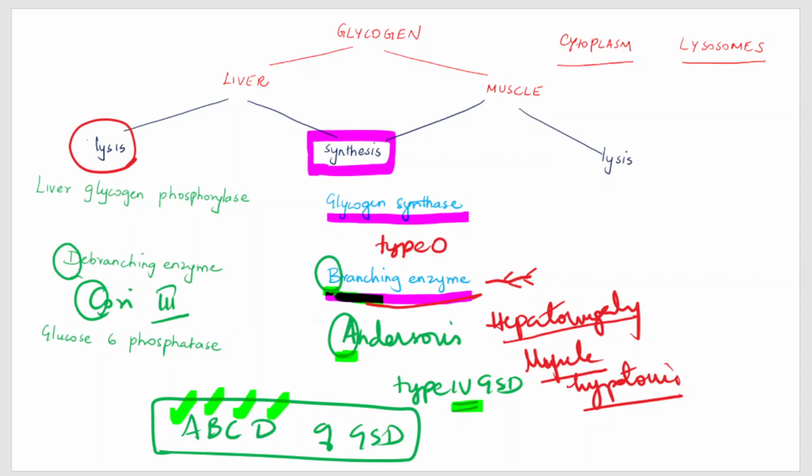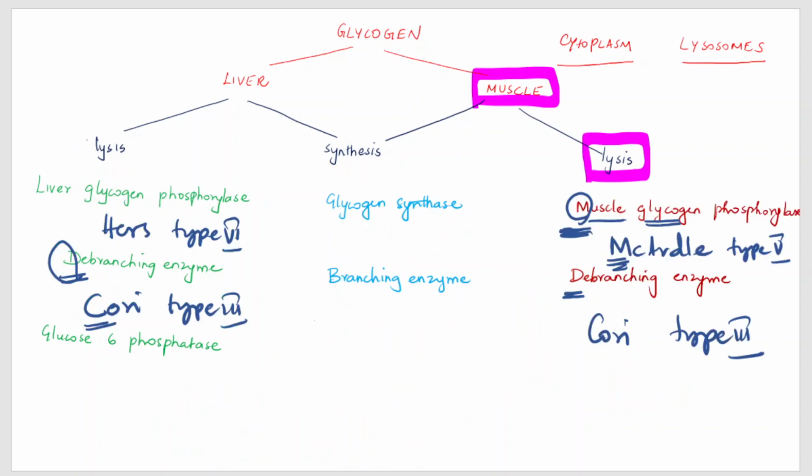Yes. Now in muscle, if glycogenolysis is defective, what happens? Muscle glycogen phosphorylase is defective, which leads to McArdle's, and a defective debranching enzyme can lead to Cori's, right? And what will be the main symptom here? It is exercise intolerance.